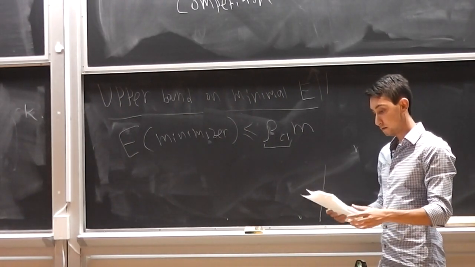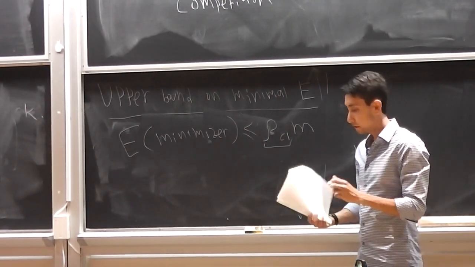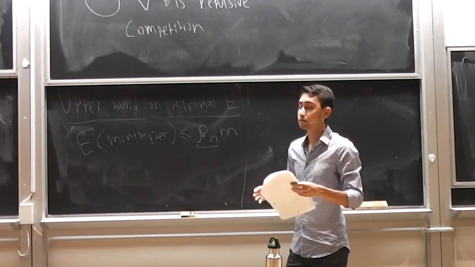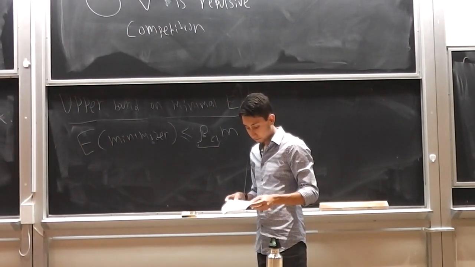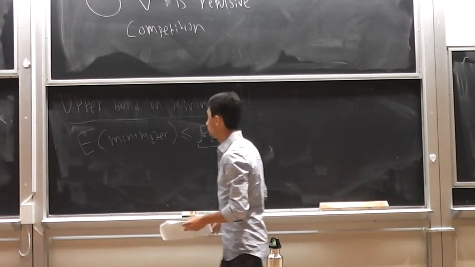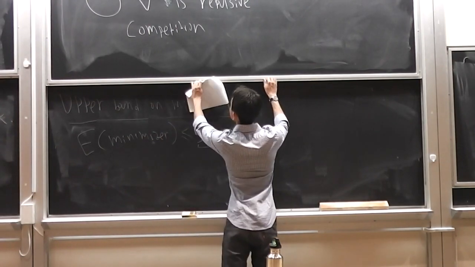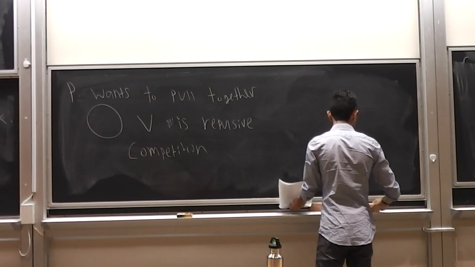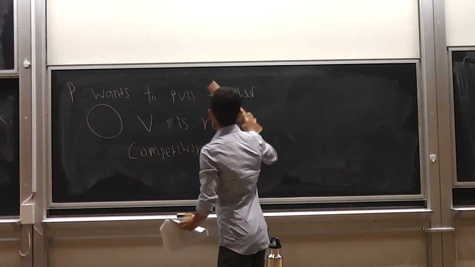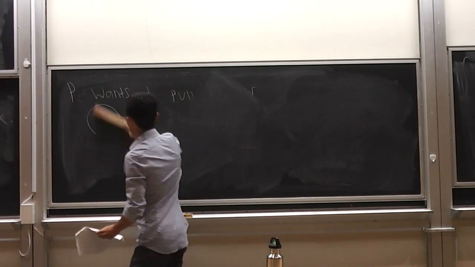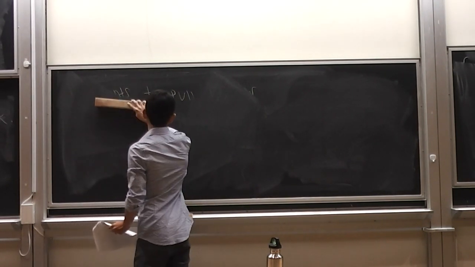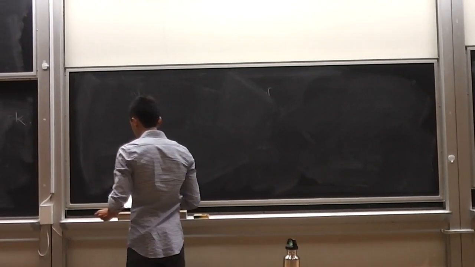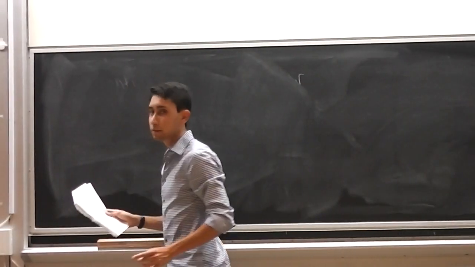Now we can use that to find the parameter regimes where we know that there is no solution to this problem. There are some simple tools that we use a lot in our paper.